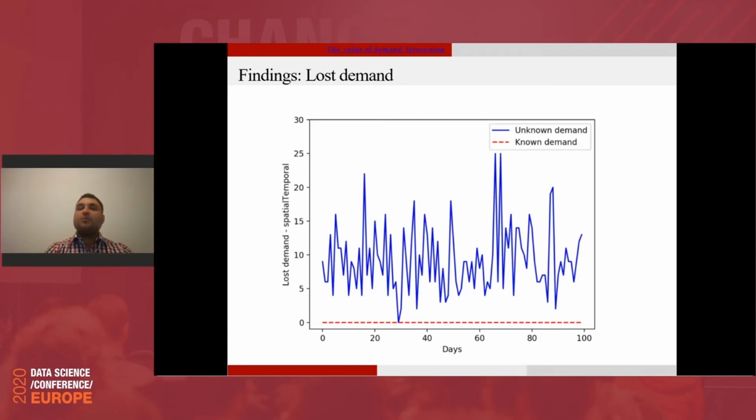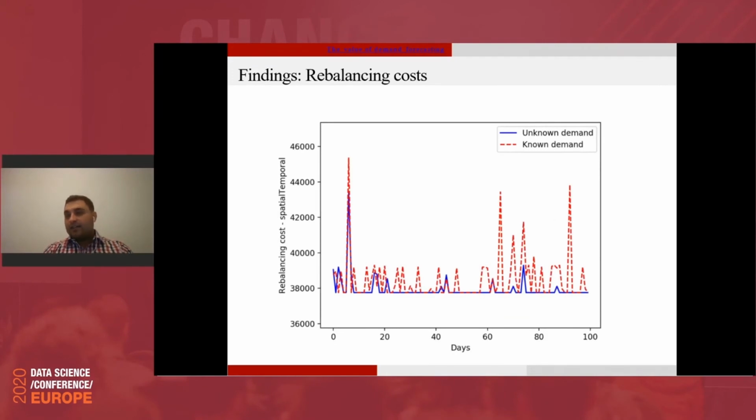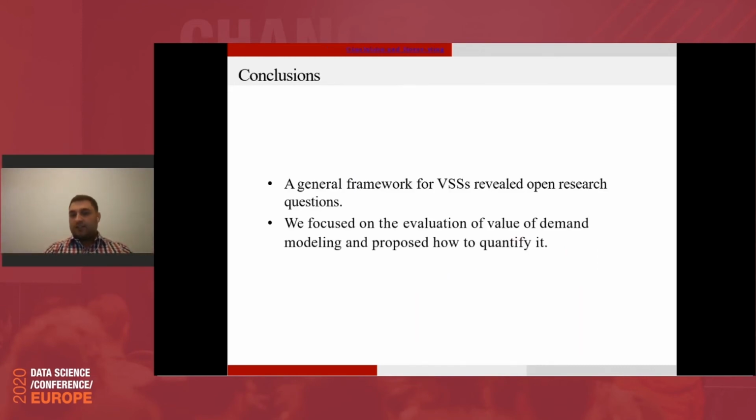So basically, we are able to serve all customers. On the other hand, rebalancing costs increase when we know the demand and we are trying to serve it. But this increase is less compared to the lost customers.